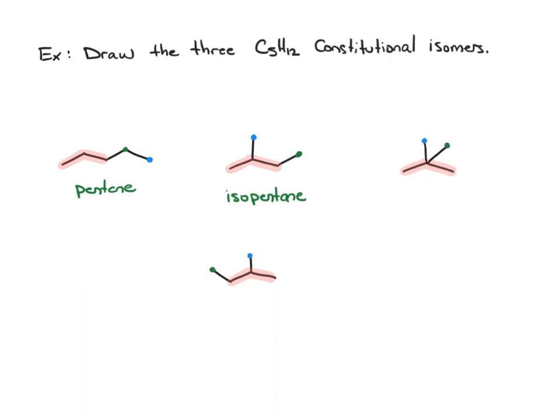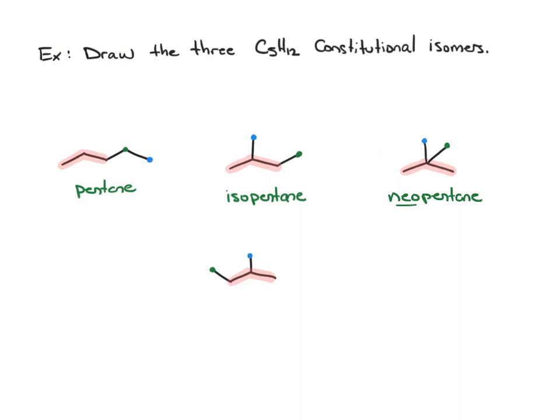Now I have a different connectivity. There's 4 carbons all coming off of this central carbon atom. So this is a new isomer of pentane. This one was given the name neopentane. And that name represents neo for new, a new isomer of pentane.